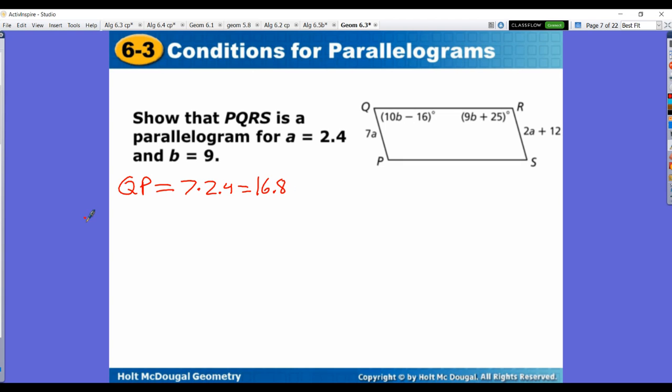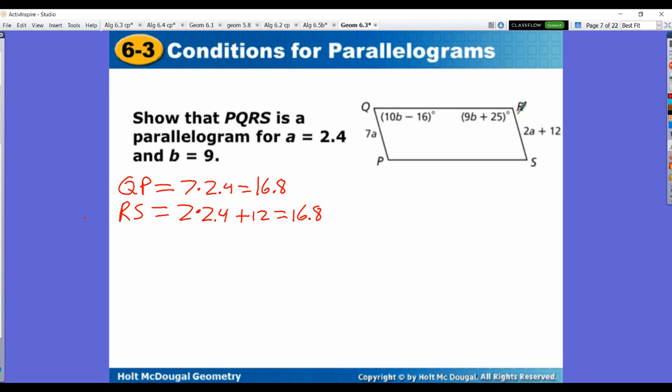Next we have RS, which is 2 times A plus 12. We're going to use 2.4 again for A, so we have 2 times 2.4 plus 12, and that'll also get me 16.8 for a length.